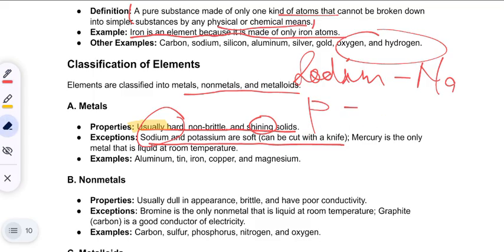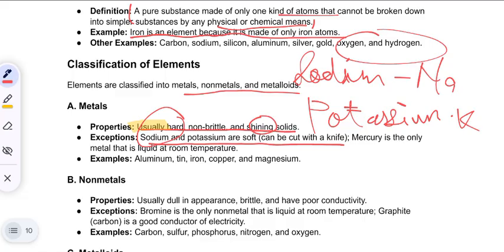Its symbol is K because it stands for its Latin name. The Latin name of potassium is kalium, and its symbol is only K.